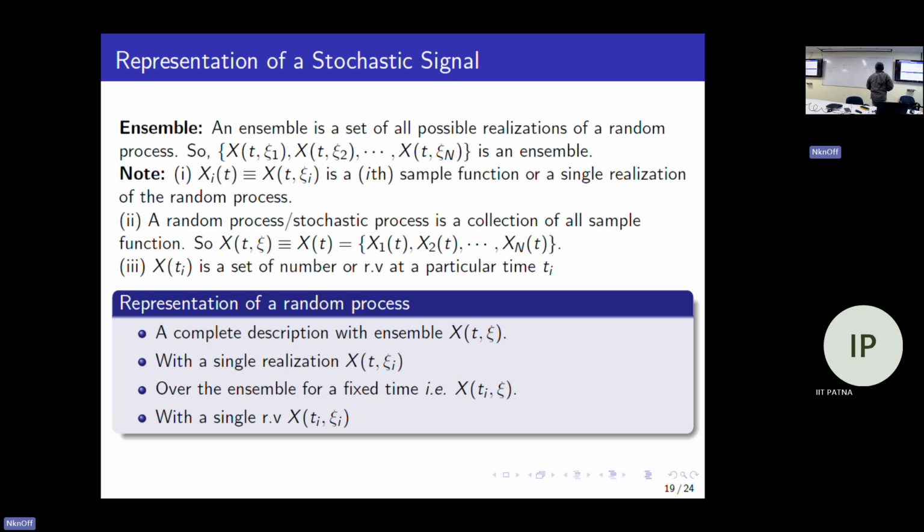So now let's see what we have. It's a family of signals. What does it mean? That means one signal realization can be like this. It could be x1(t).